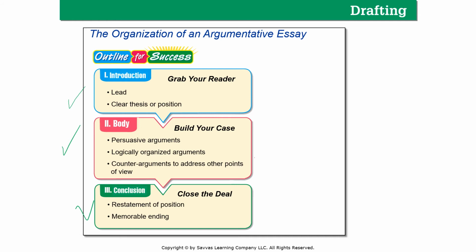Then I move to the body paragraph, or paragraphs sometimes, where we build our case. How? By presenting our persuasive arguments, as I said before, the first one and second one at least, with supporting evidence and details. Then logically organized arguments. My arguments in this essay should be organized.